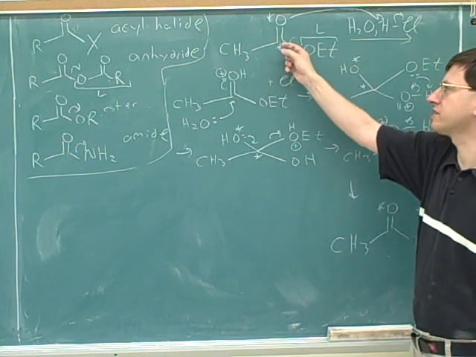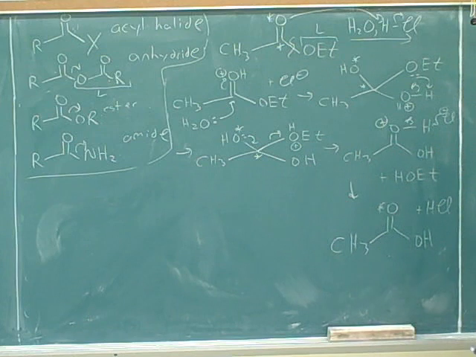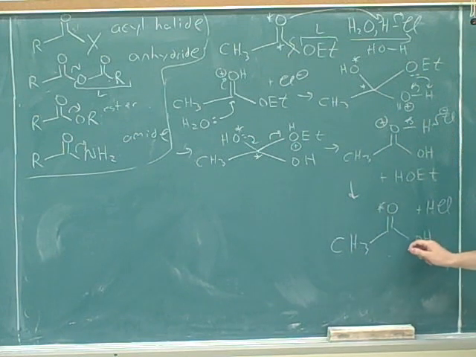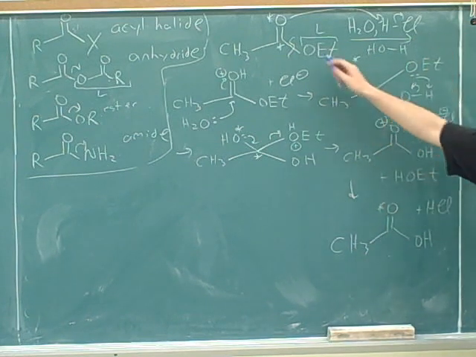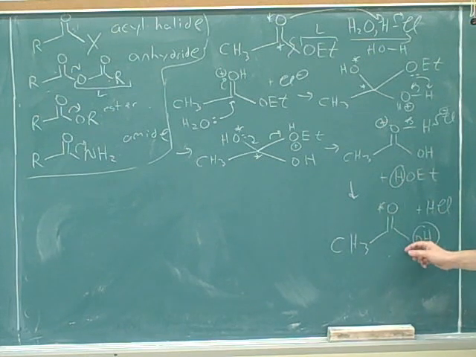You put a squiggle across the bond that's being hydrolyzed. It's the bond between the carbonyl and the L group, and you just break that bond, and then you ask, what do I do with my elements of water? The OH replaces the L group, and the hydrogen gets stuck onto the leaving group. That's how you can do the hydrolysis in one step without having to go through the whole mechanism.